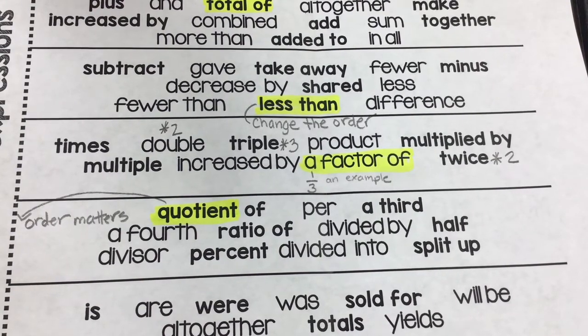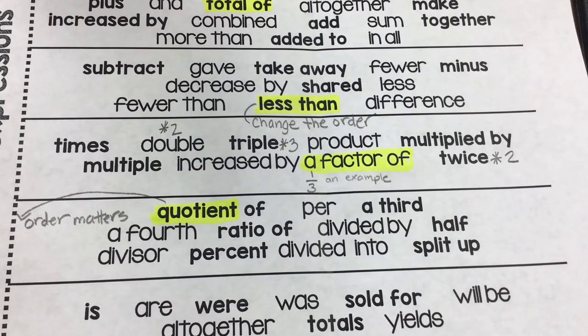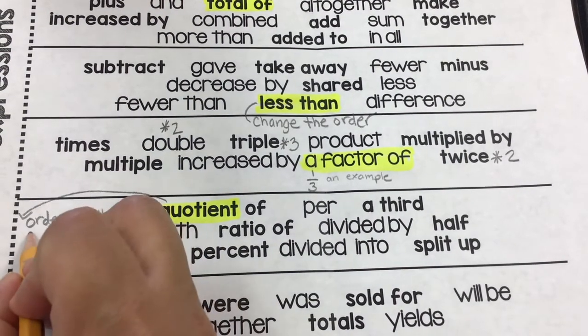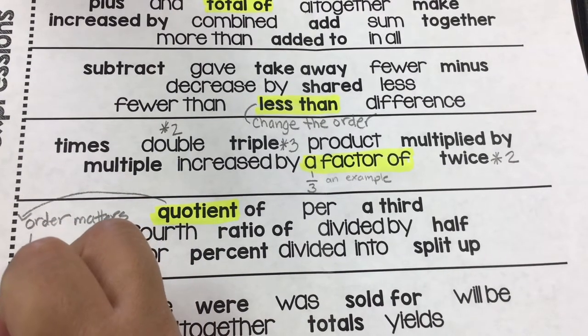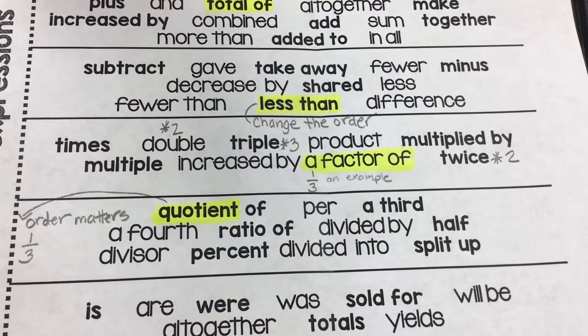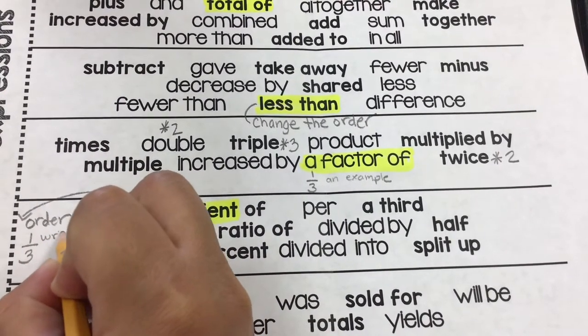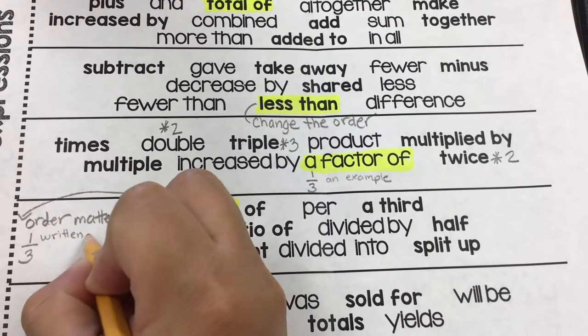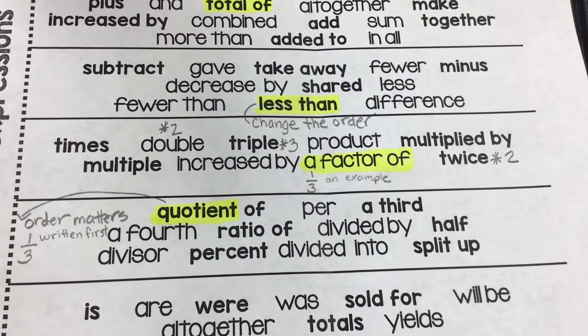Okay, so what am I talking about? If they say the quotient of 1 and 3, that's how they're going to express it with the and, 1 and 3, the 1 goes first, making it a numerator, and then putting that second number as a denominator. So I'm going to put written first. Whatever is written first becomes your numerator.